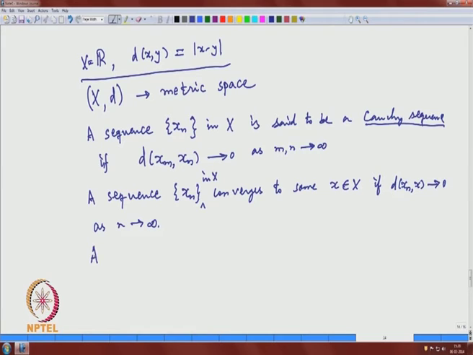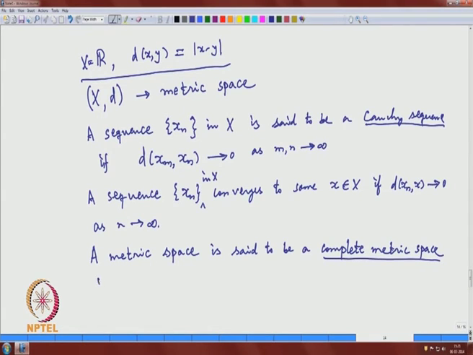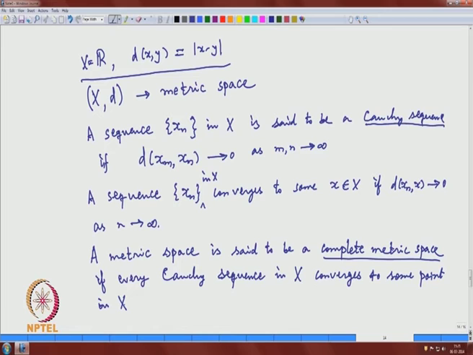A metric space is said to be a complete metric space if every Cauchy sequence in X converges to some point in X. It is easy to check that if a sequence converges to some x, then that x is unique.